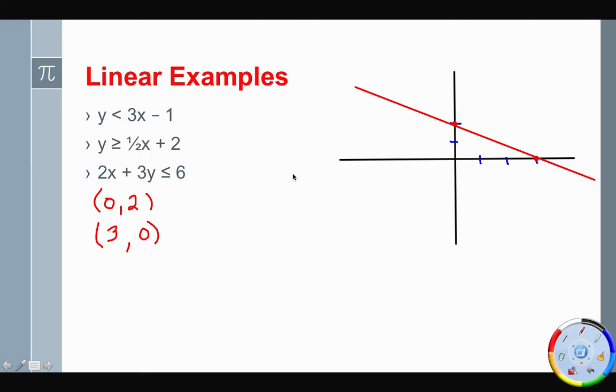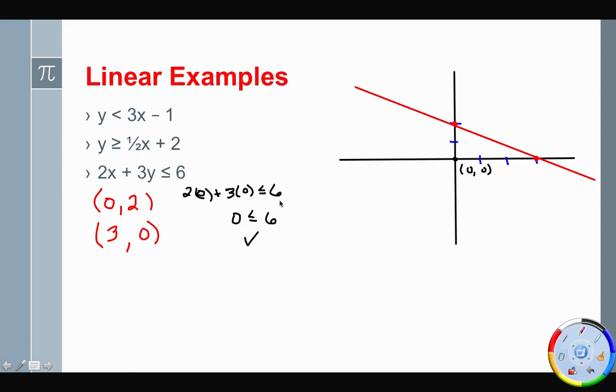And again, we're going to use the point 0, 0, because this line does not go through the origin. So I'm going to plug in 0 for x and 0 for y, and I get 0 plus 0, which is just 0.